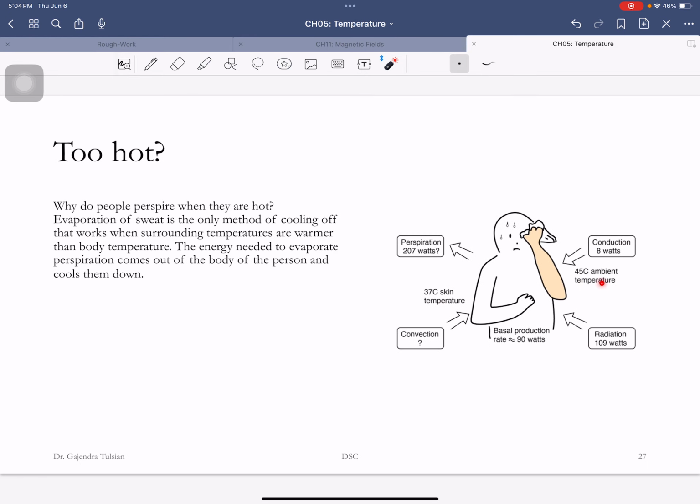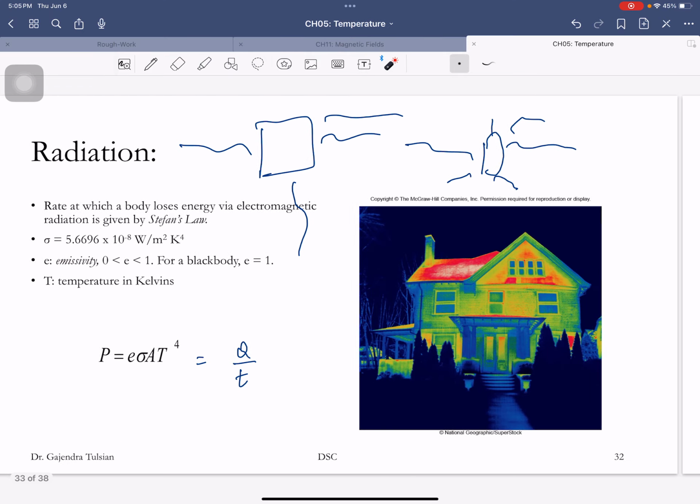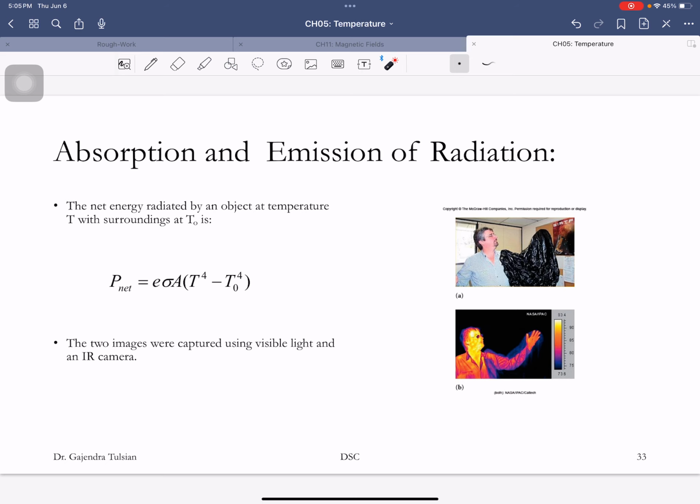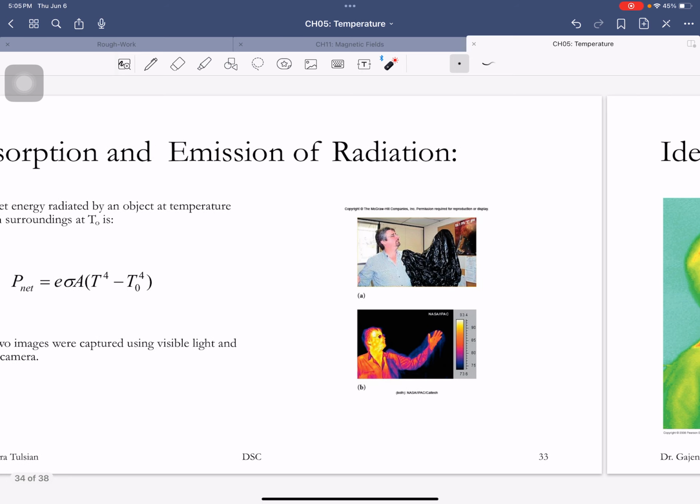If the surrounding temperature is higher than your body temperature, you're gaining 100 to 110 watts via radiation. 45 degrees is roughly 90 plus 30, or 120 degrees Fahrenheit. So when the temperature is 120 degrees Fahrenheit, you're gaining 100 joules of energy via radiation per second. That's the net radiative loss or gain.